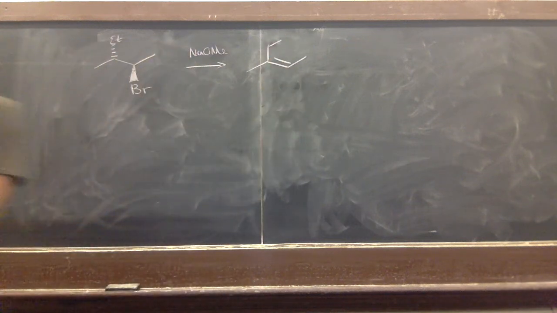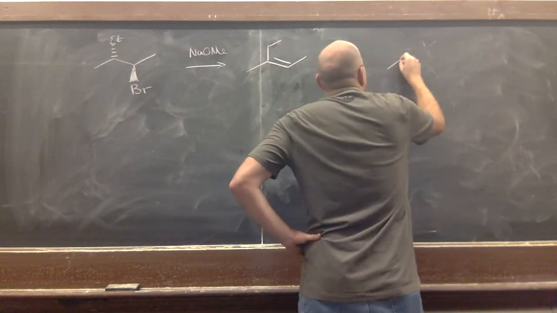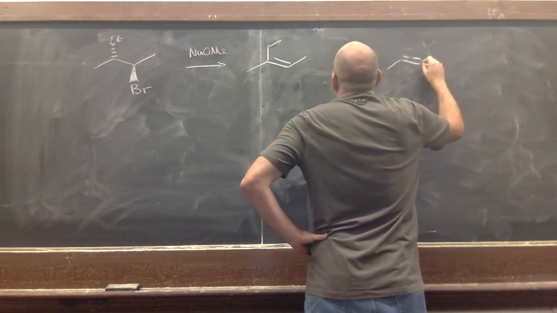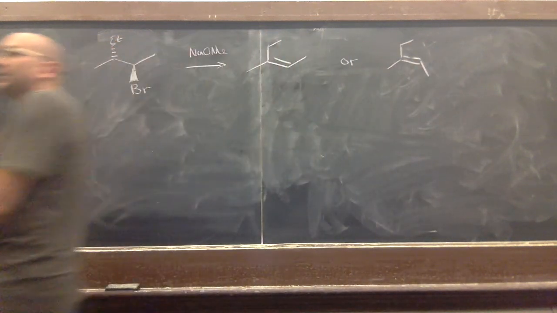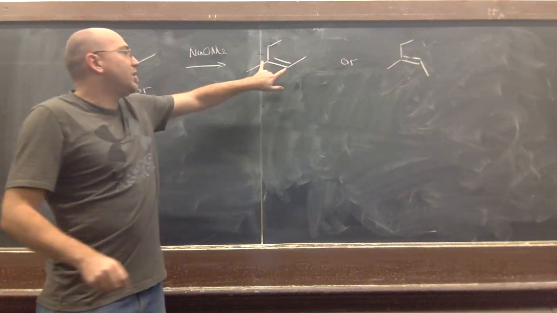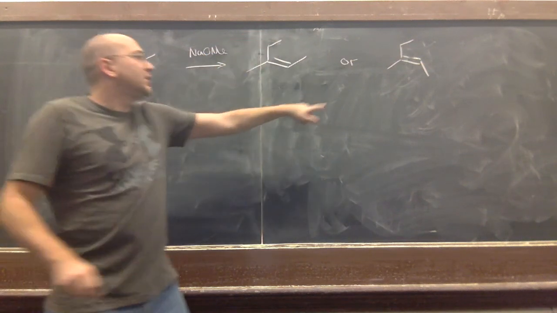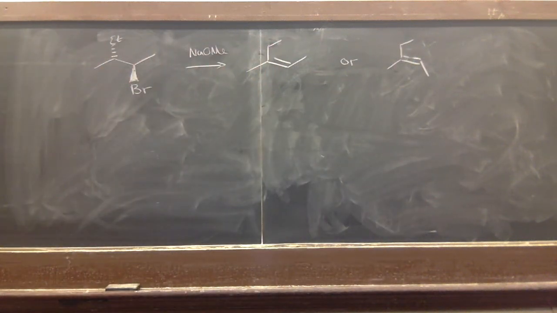We can get that alkene that I've shown you there, or we can get that alkene there. Because this would take priority, we consider this one cis and that one trans. These are the two different alkene isomers of one another.